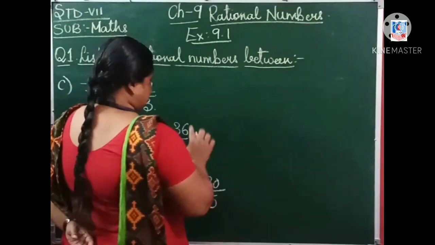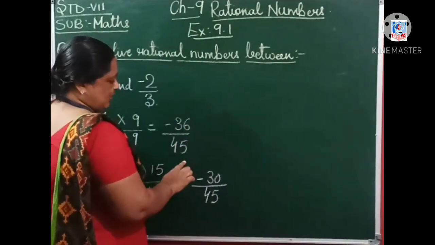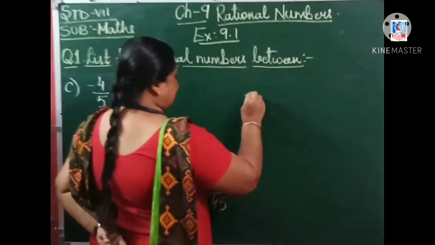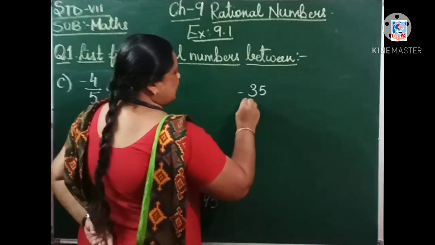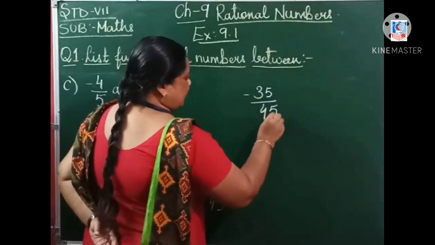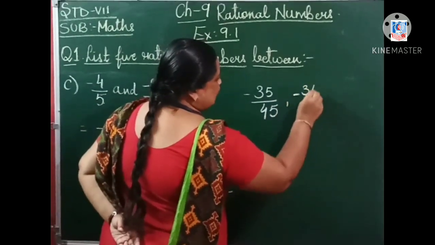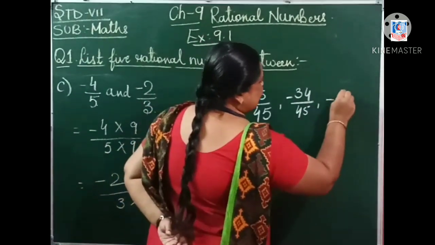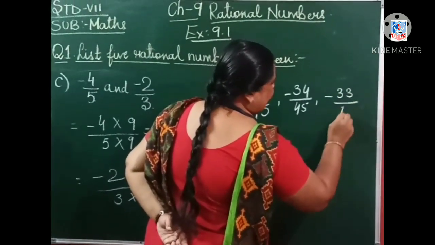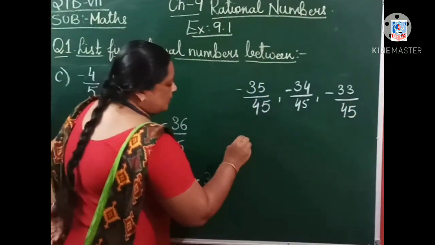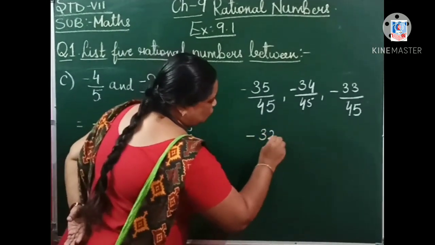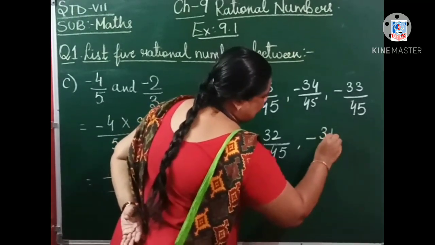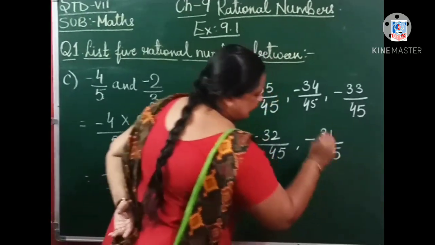Now see, the rational numbers between -36 by 45 and -30 by 45 are -35 by 45, -34 by 45, -33 by 45, -32 by 45 and -31 by 45.